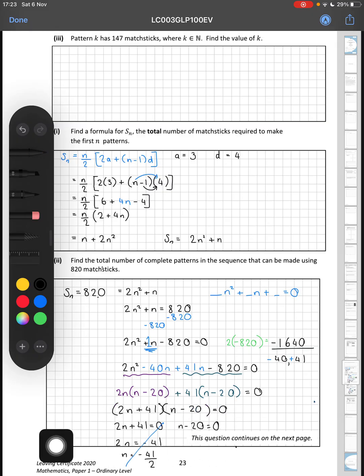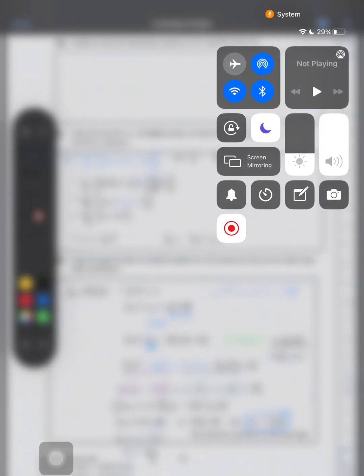Now, I can't have an n value that is negative, because I can't have a negative number of patterns. So this value of n here, I can just straight away say, no, that's not what I'm looking for. So it must be the value of n that I get over here, which is n is equal to 20. So that's the value of n that I know I want to use. I'm just going to put a box around that.